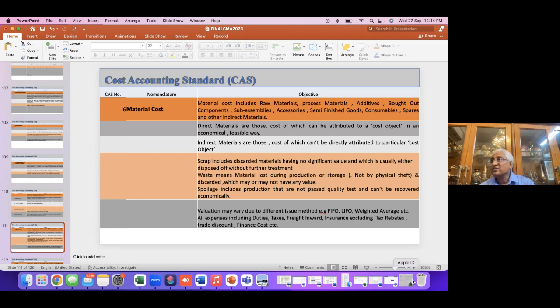A Maruti car has 8 to 9,000 part numbers or parts, but out of that, more than 95% are bought out components. That means as per Maruti's specification, the manufacturers produce that, and their particular item can only be fitted in a Maruti vehicle.